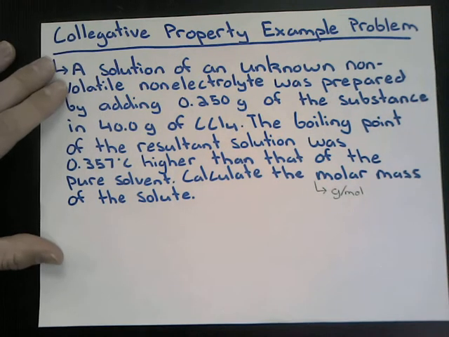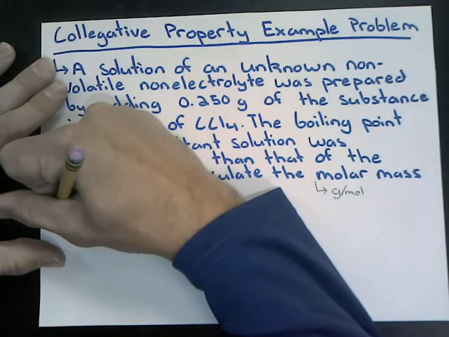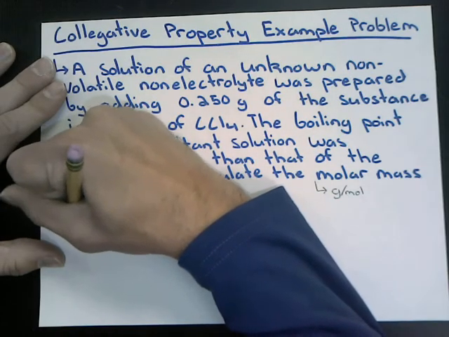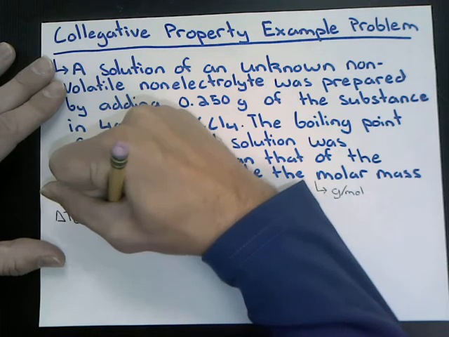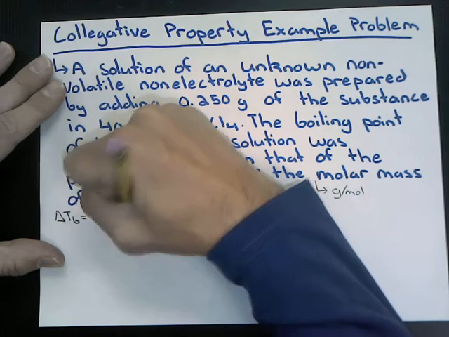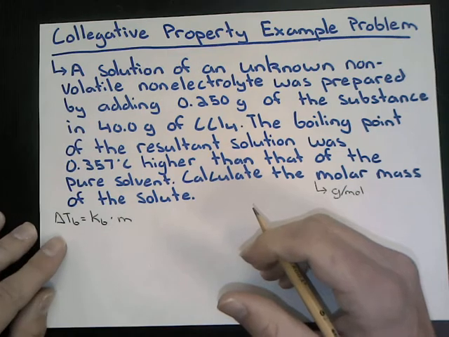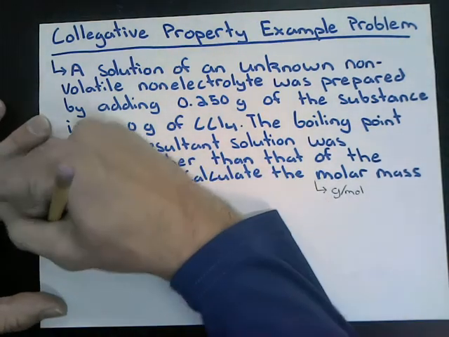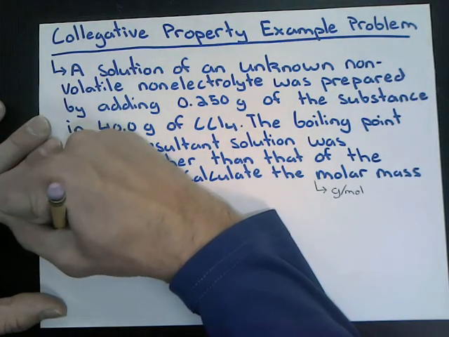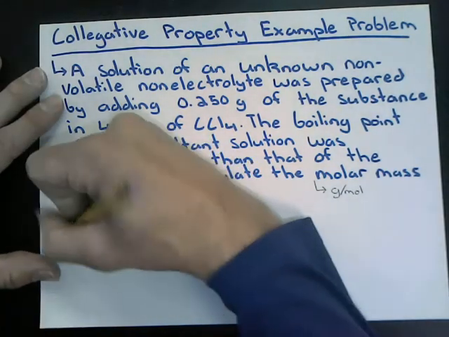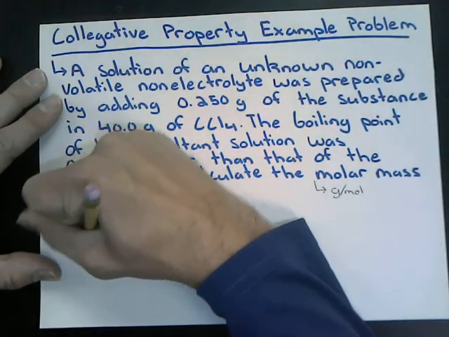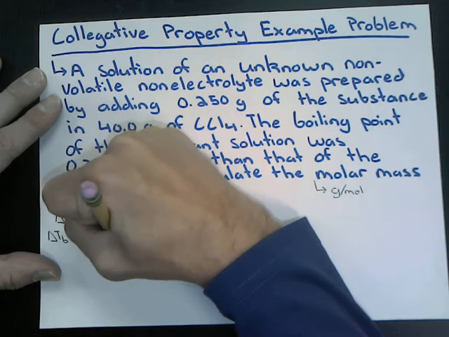So we're given delta TB. I'm going to start with delta TB equals our KB times our m for molality. Now, our delta TB is equal to 0.357 degrees Celsius.